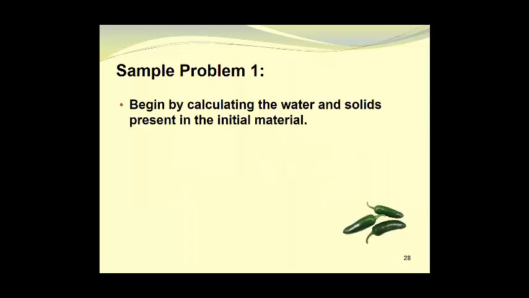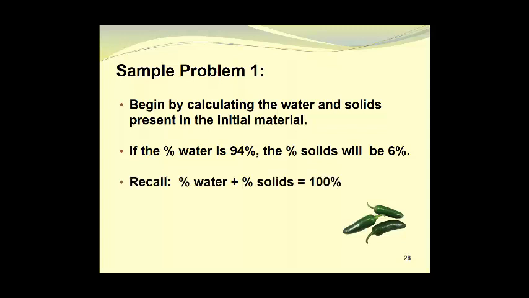We will begin by calculating the water and solids that are present in the initial material. If the percent water is 94%, then the percent solids will be 6%, based on the relationship that the percent water plus the percent solids have to equal 100%.